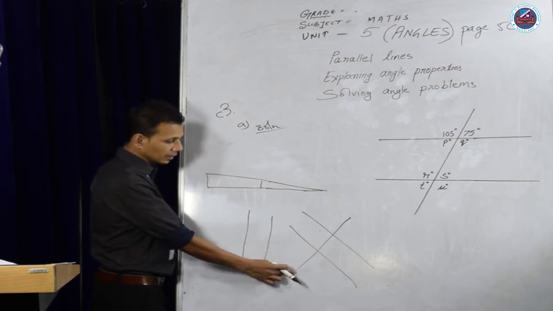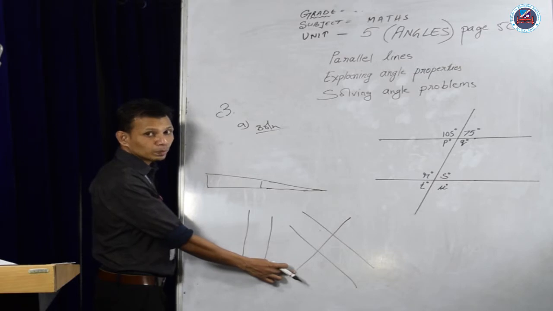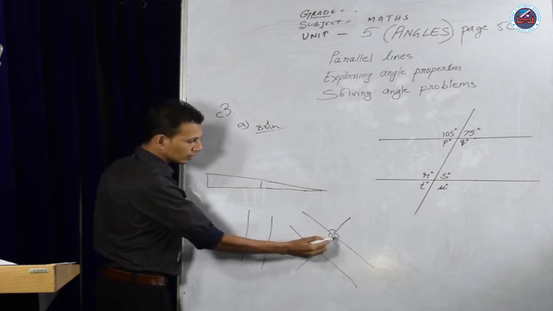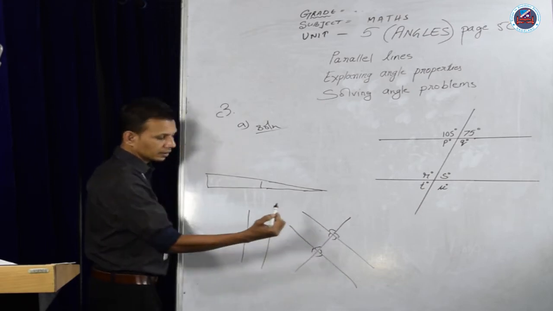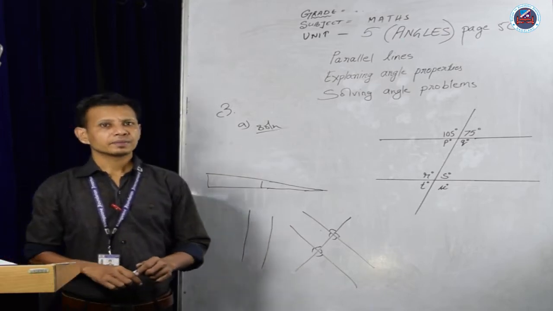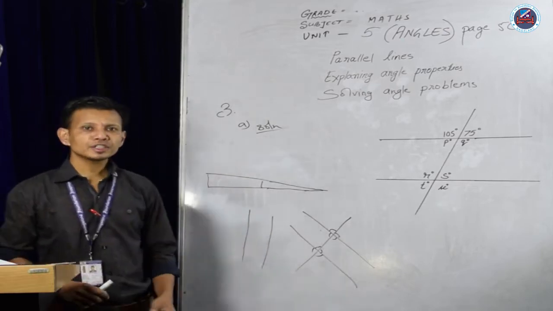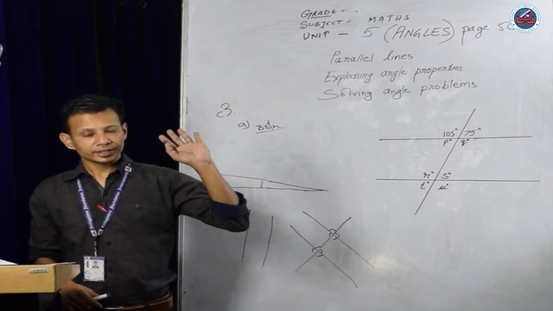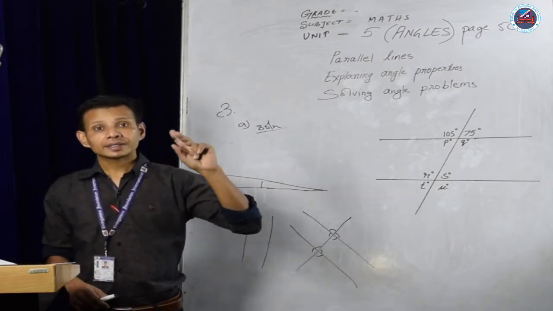When a transversal intersects two parallel lines, we get some angles. See that? 1, 2, 3, 4, 5, 6, 7, 8. 8 angles we get. And remember the properties of parallel lines: corresponding angles, alternate angles.